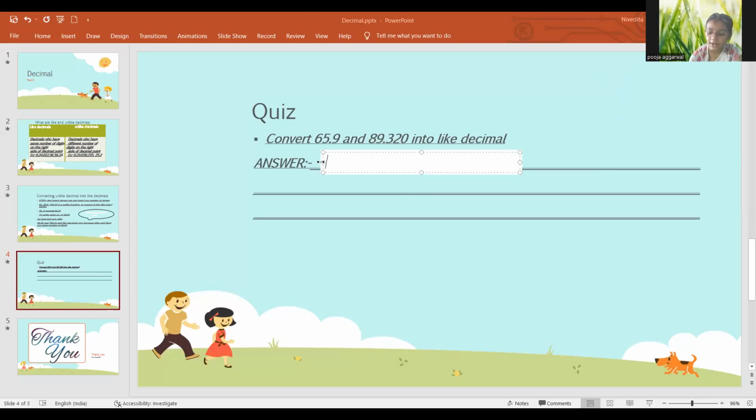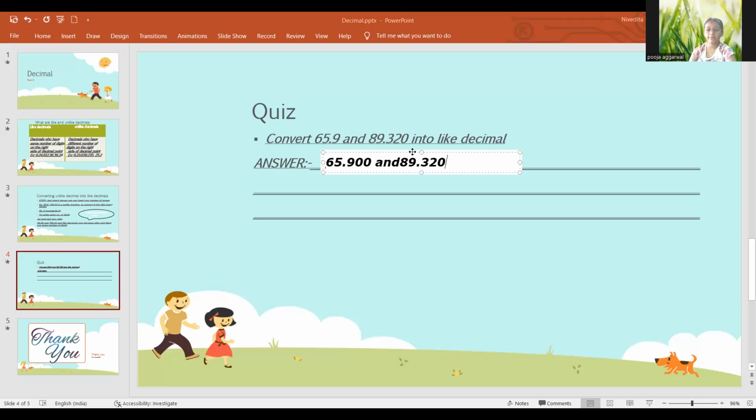So we will insert 0 after the number on the right side of the decimal point. The number on the right side of the decimal point is 9. So we will insert 0 after 9. So it will be 65.900 and 89.320.